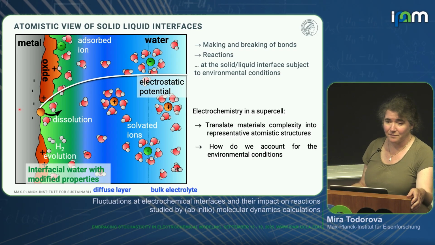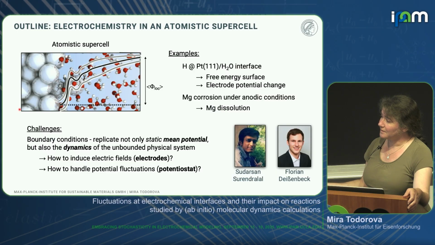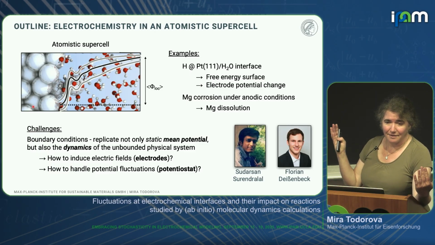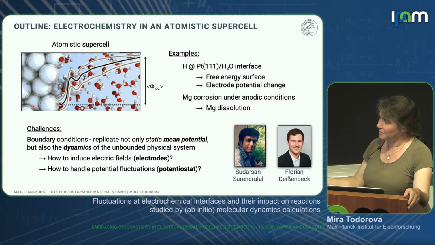And what I would like to talk about is how to get electric fields into these calculations, because we have an electric field there, a potential drop at the interface, but we need also to get it into something like what is shown here, which will be a typical DFT supercell.